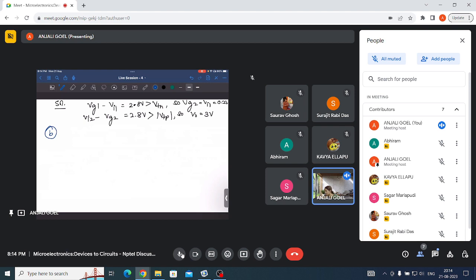Okay, so the B part, when Vi1 is equal to 1 volt and Vi2 is equal to 2 volt.